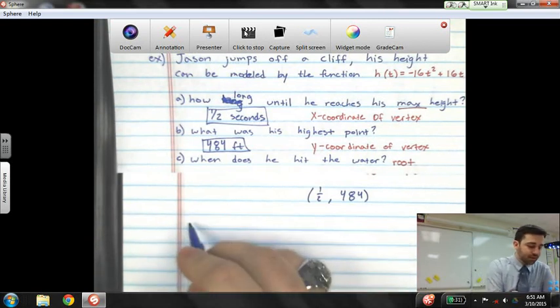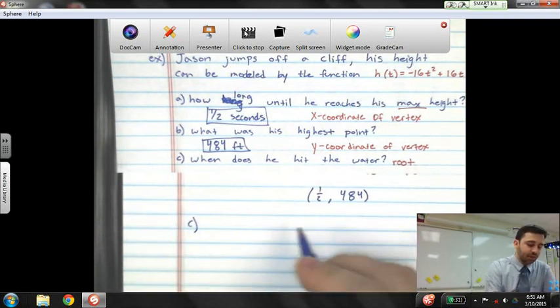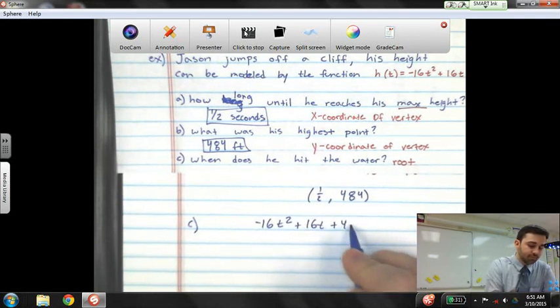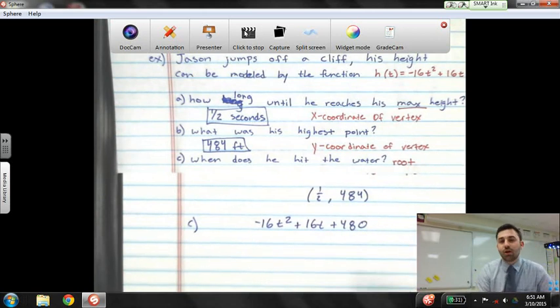So in this situation, you can solve using the different methods we've learned: quadratic formula, factoring, or completing the square.